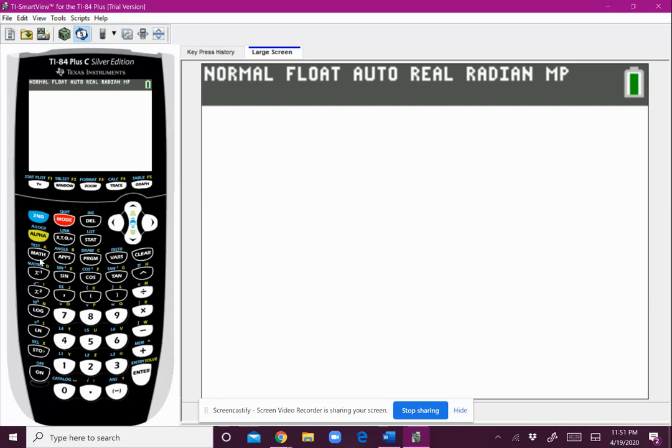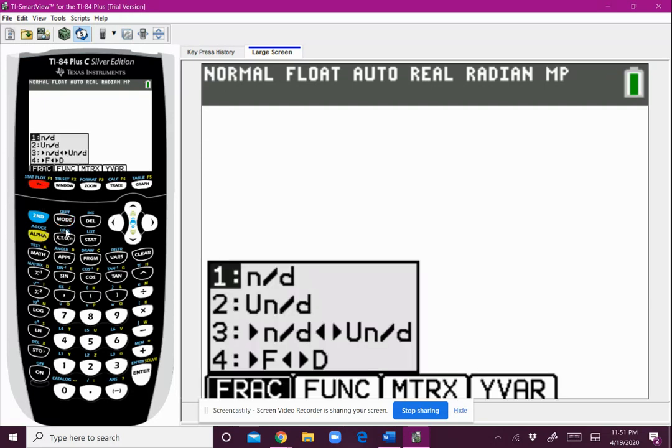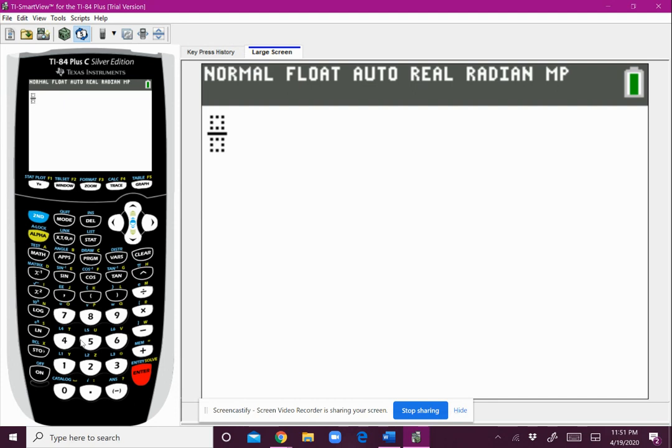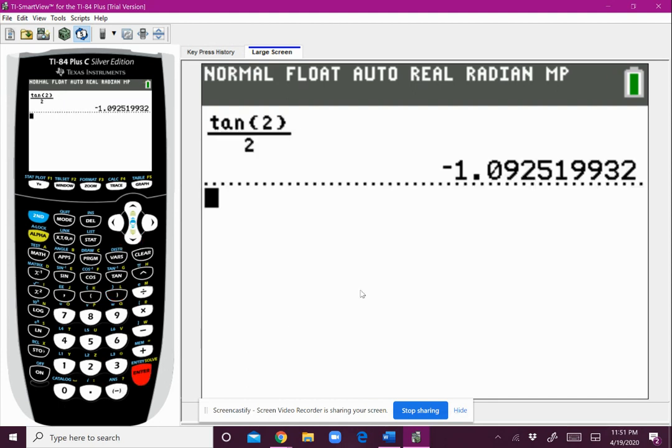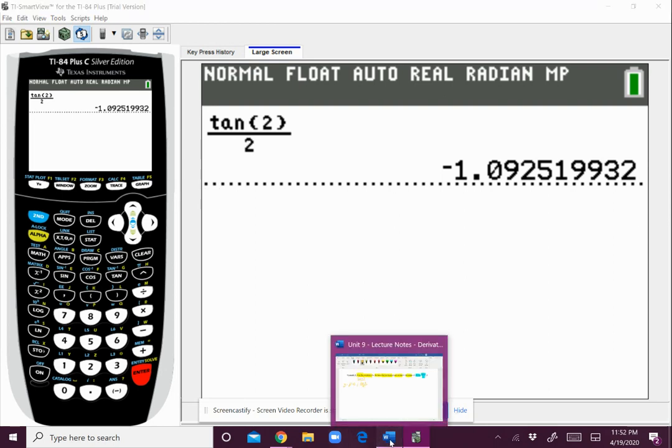Now let's use the fraction: tangent of 2 divided by 2. It's negative 1.09, so let's round to 3 decimal places: negative 1.093. That's our y-coordinate of this point.